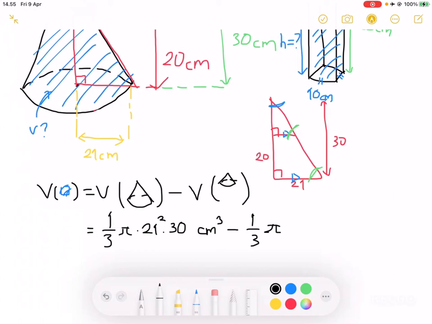So let me just label some points first. So we have A, B, C, D, E. So triangle ABC is similar to triangle BDE.